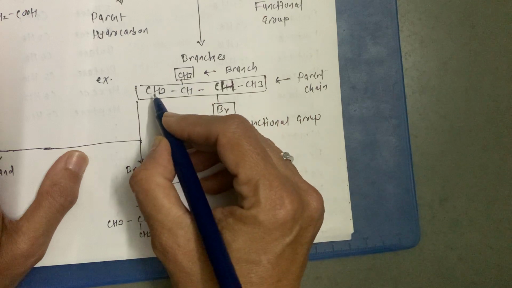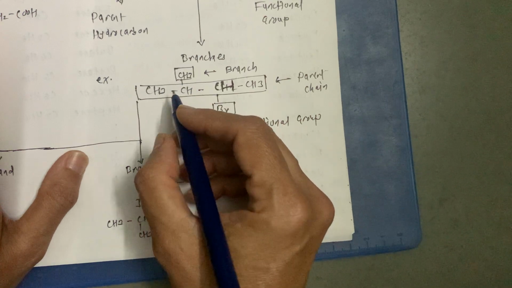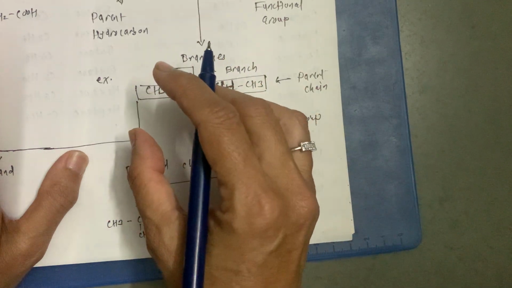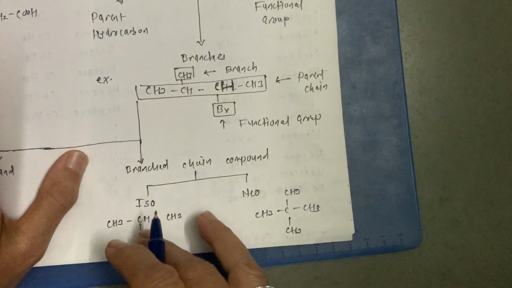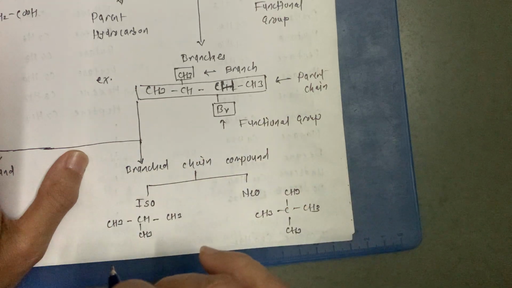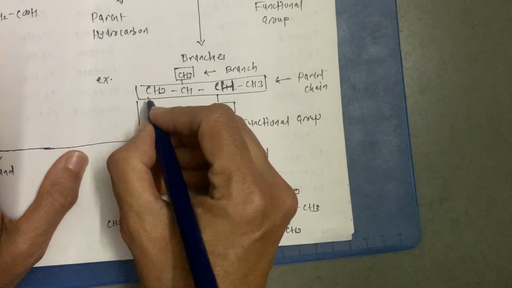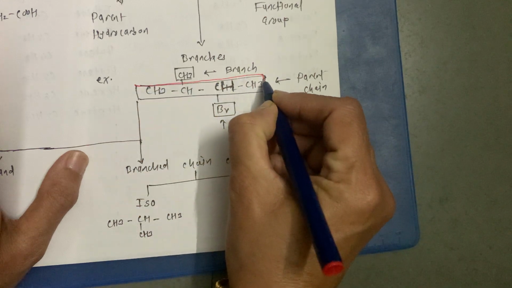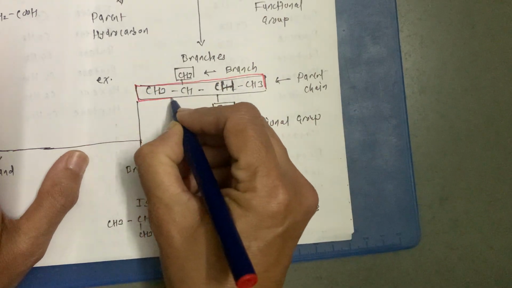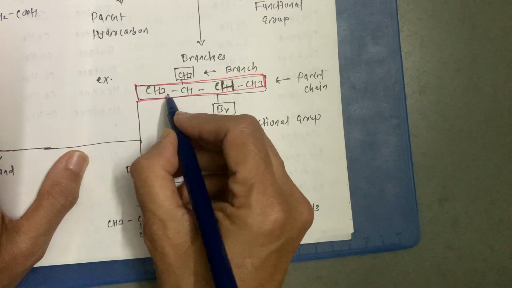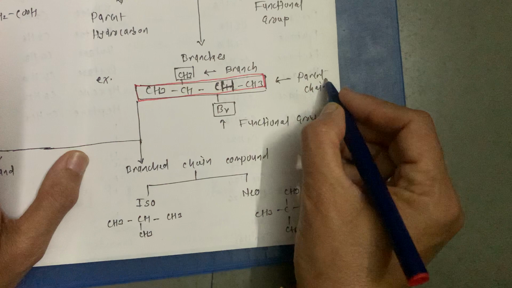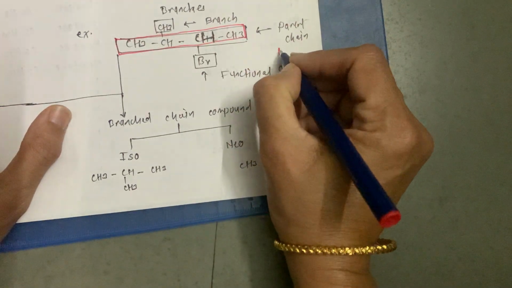The first rule is that you have to select the parent chain which is the longest and continuous. So which one is that? We can select this longest continuous chain as the parent chain. Now this chain has 4 carbon atoms, so the parent chain is butane.